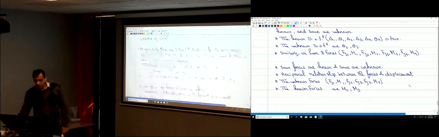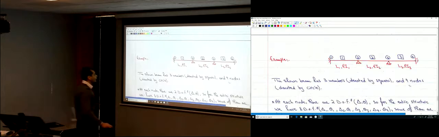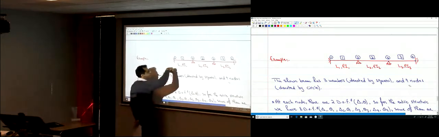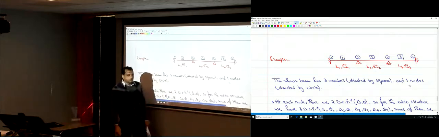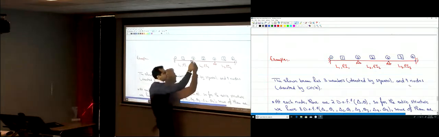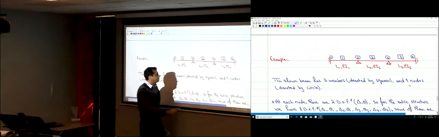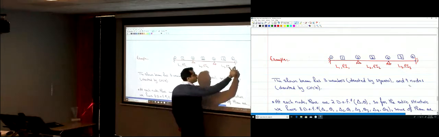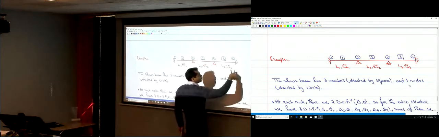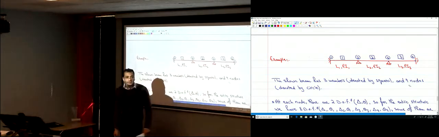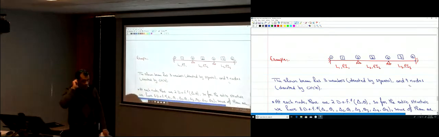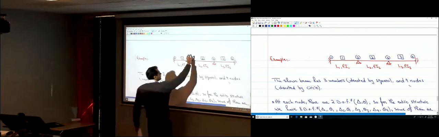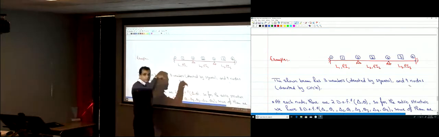Why are those unknowns? Fy1 is the reaction here. Do you know this reaction? No. M1 is the moment here, the reaction here. You don't know how much this is. Fy2 is the reaction of this support. It's unknown. Fy3 is the reaction of this support. It's unknown. Fy4 is the vertical support here. M4 is the moment here. Those are the support reactions. You don't know them before solving the problem. The moment here will come from the applied loads.